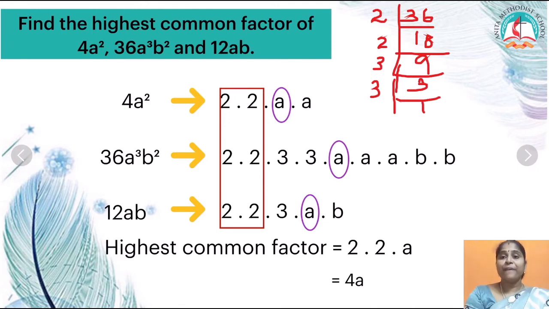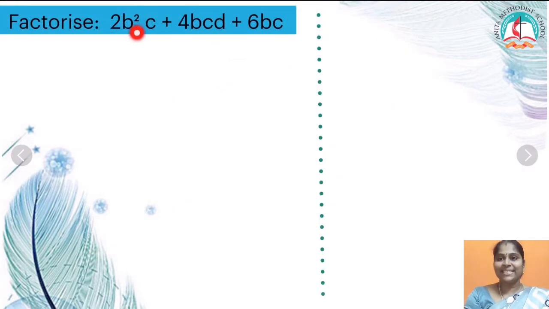Next, factorize 2b square c plus 4bcd plus 6bc using the common factor method. Already we found how to find the common factor for monomials. So now this polynomial has 3 terms. What are the 3 terms? 2b square c plus 4bcd plus 6bc.